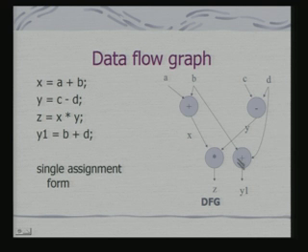So, what you can realize is that the moment I have got this y replaced by y1, I can make this computation independent of this step, because otherwise I would have to synchronize between the two. I have to do y equal to c minus d first, and then I had to do z, then only I could have done y equal to b plus d. By doing a single assignment, I have reduced the dependencies.